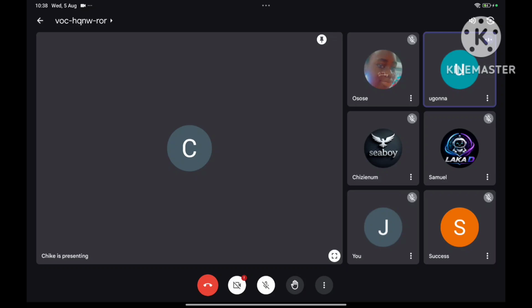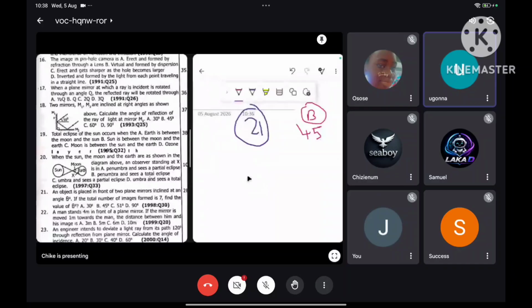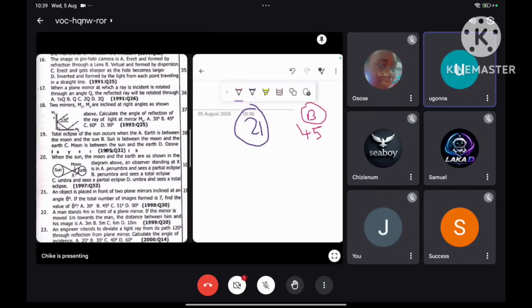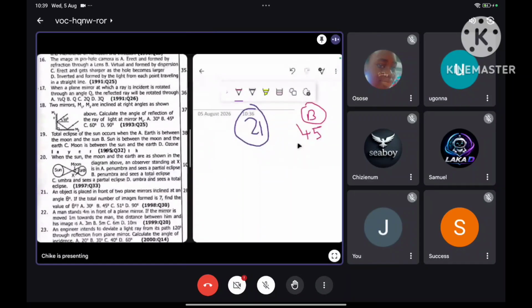That's 45 degrees. David, Sir, Goodness, Ugonna. Yes, sir. Innocent, what are your answers? Oh wait, were you in the class when I taught that particular subtopic, number of images formed by mirrors? Were you in the class? Yes, sir. Okay, so that means you'll be able to attempt it. All right. So what's your answer, please? I'm waiting for you specifically now.